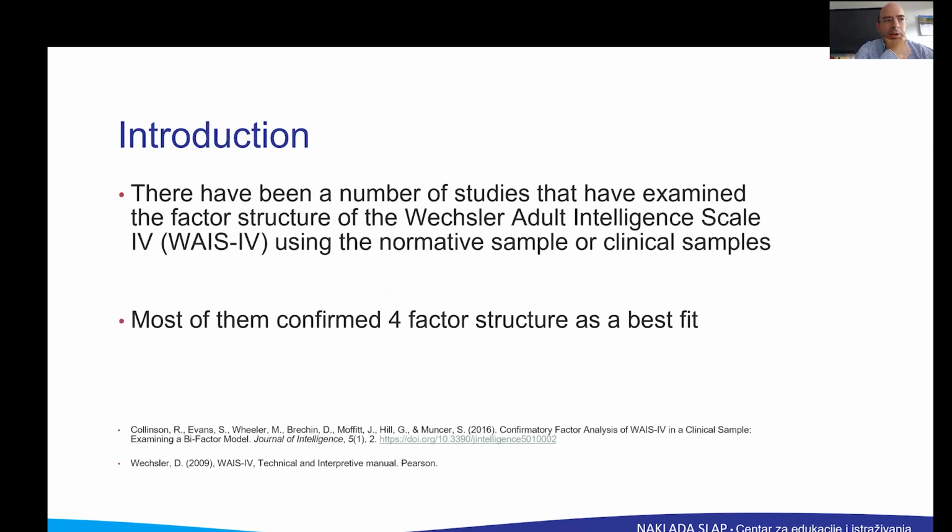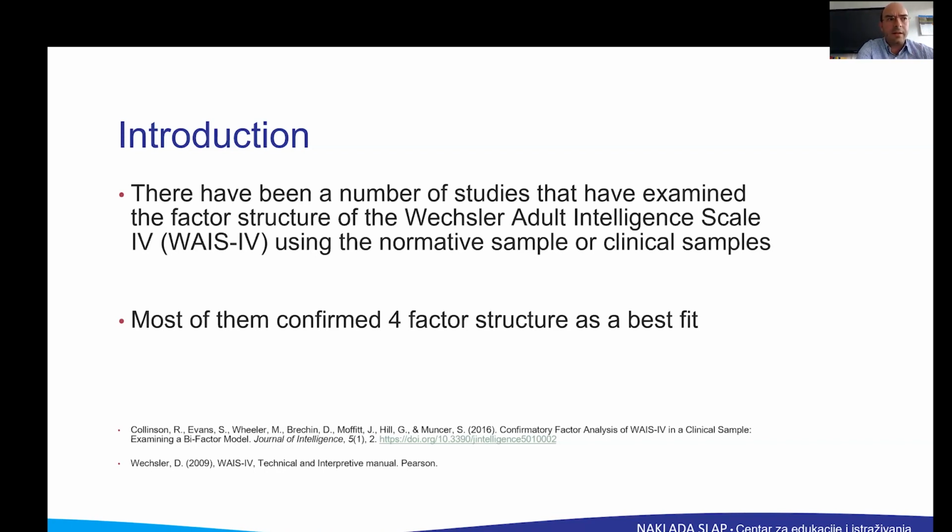Several studies have examined the factor structure of the WAIS-4 using different normative, clinical, or standardization samples. And in the technical and interpretive manual of the WAIS-4, there are outlined several models of confirmatory factor analysis which were tested before publishing the WAIS-4.